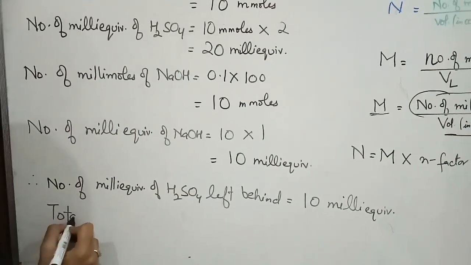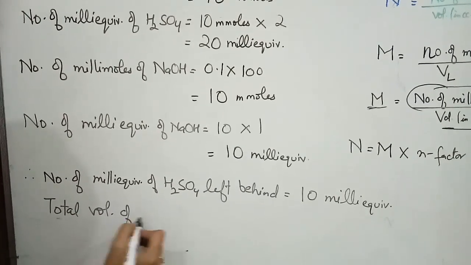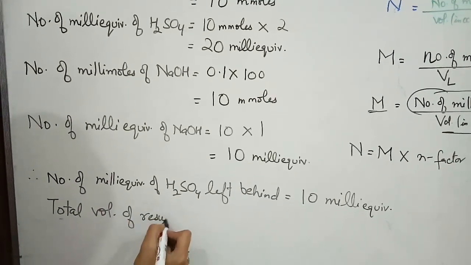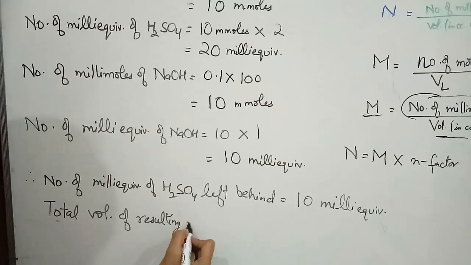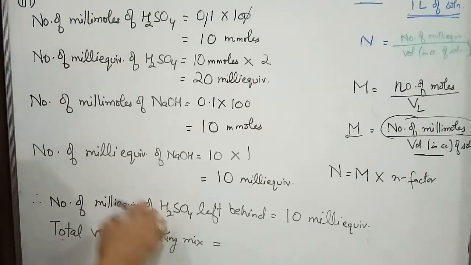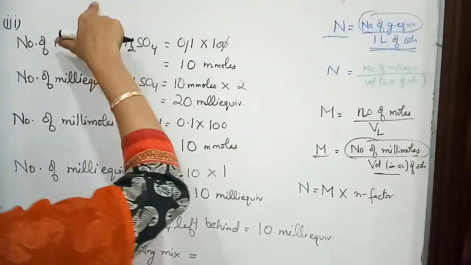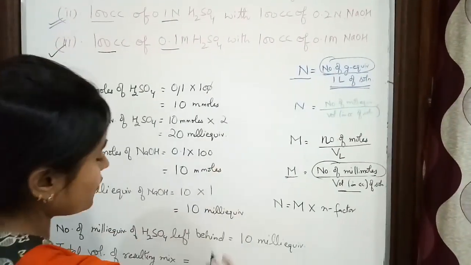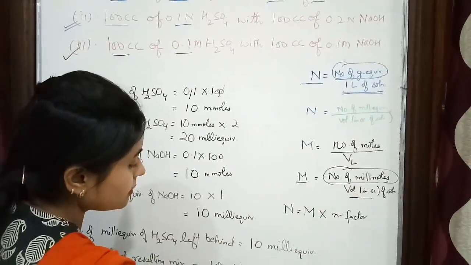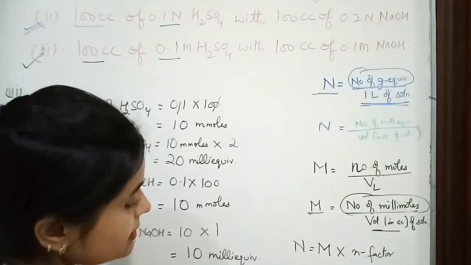Total volume of resulting mixture: we take 100 cc of H2SO4 and 100 cc of NaOH, so it is 100 plus 100, that is 200 cc.